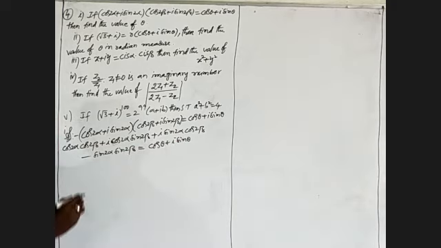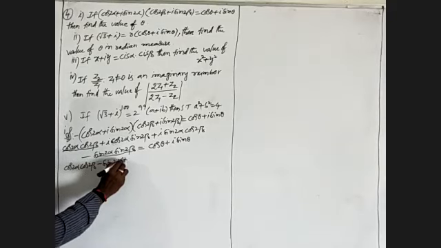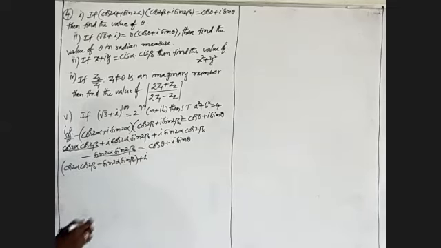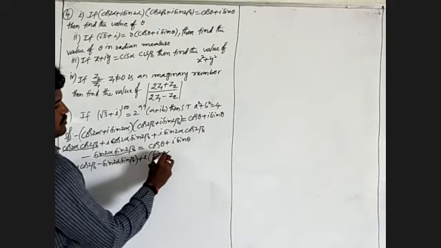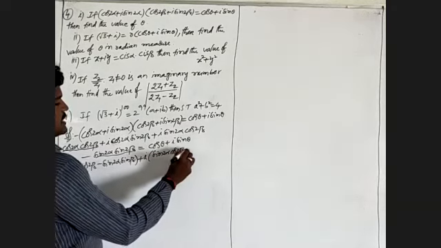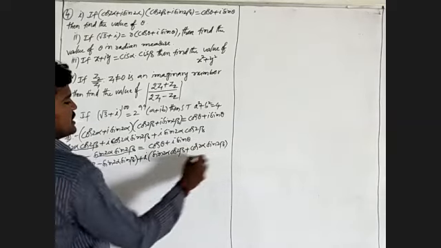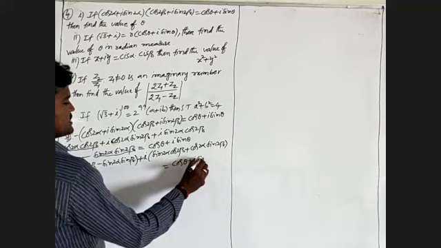We have to write the real and imaginary parts. First the real part: cos 2α cos 2β − sin 2α sin 2β. Then with i common: sin 2α cos 2β + cos 2α sin 2β, is nothing but cos θ + i sin θ.